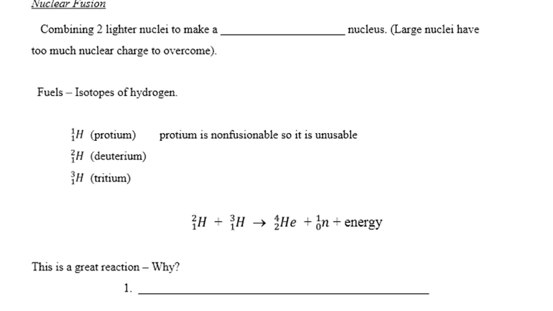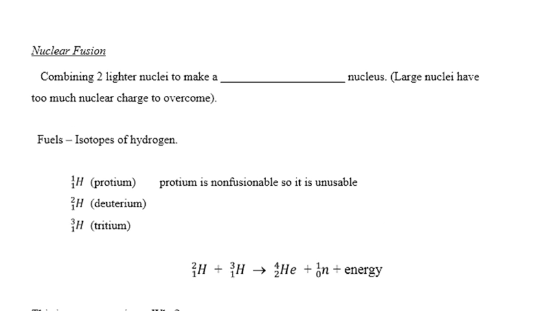The last type of nuclear reaction is fusion. Where fission is splitting, fusion is combining. We're fusing together. We're combining two light nuclei to make a heavier nucleus. We can't use large nuclei because the too many protons will repel a neighboring nucleus to such a degree that we can't bring them together.